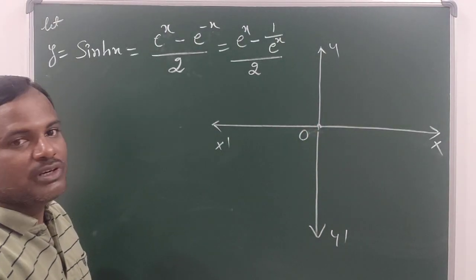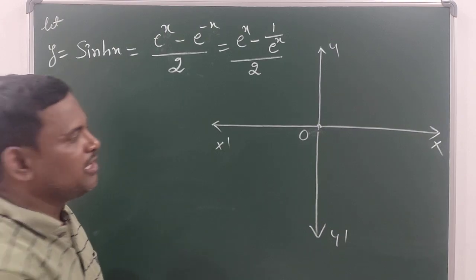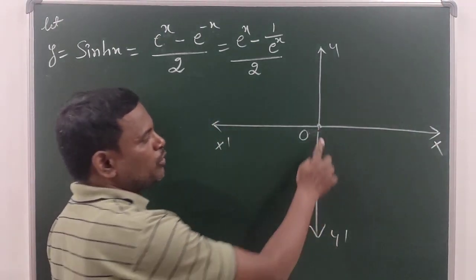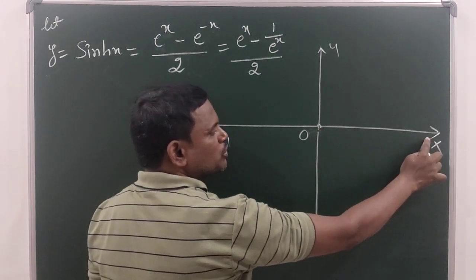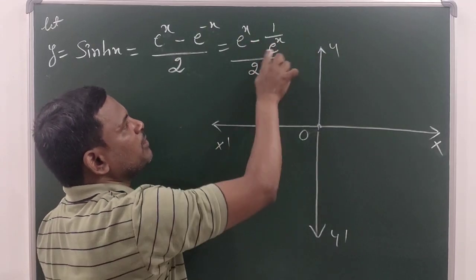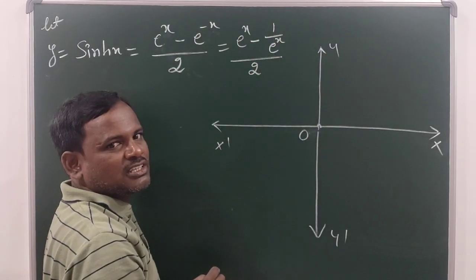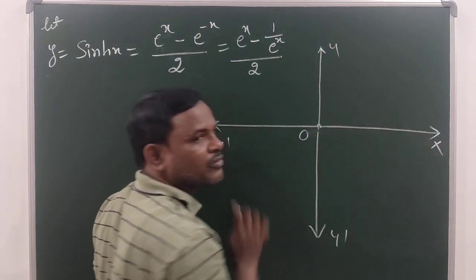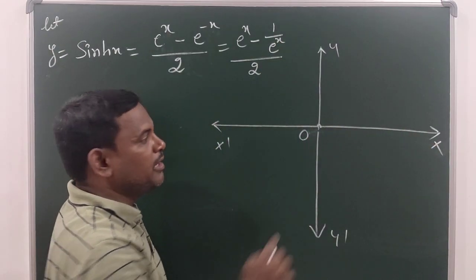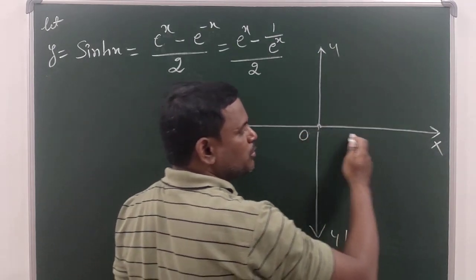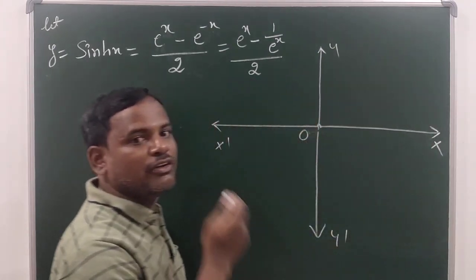Next, if you take any positive value in the domain, so you move from 0 to positive infinity. Then this part will become 0, because you are giving positive x values. If you move from the origin to this side, where do we reach?